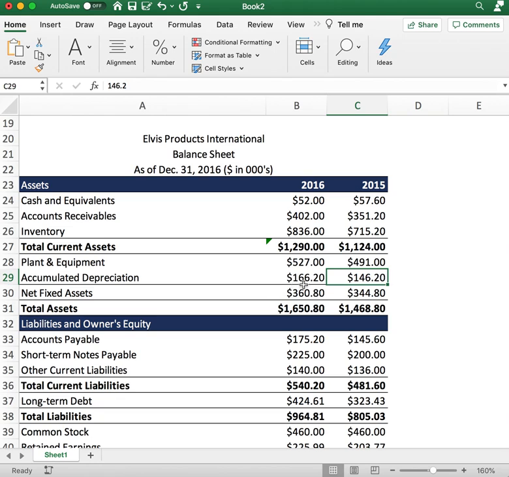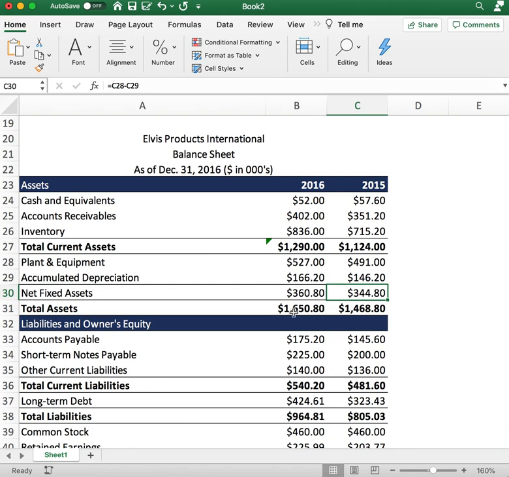Now, be sure that when you calculate the net fixed assets, you depreciate the plant and equipment. Let's say this is a piece of equipment for $527. Over the course of the year, the company accumulated some depreciation for that equipment. So you subtract that to get your net fixed assets, and we're at $360, and $344 for the previous year.